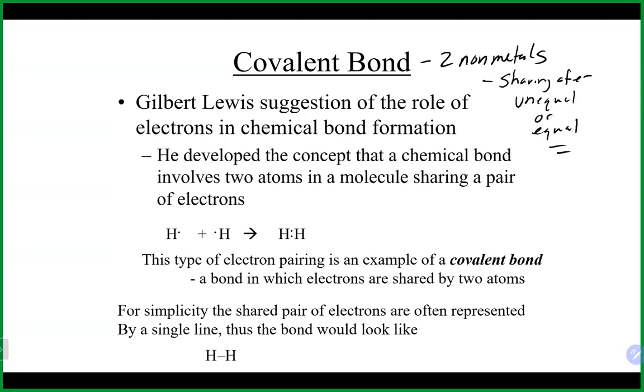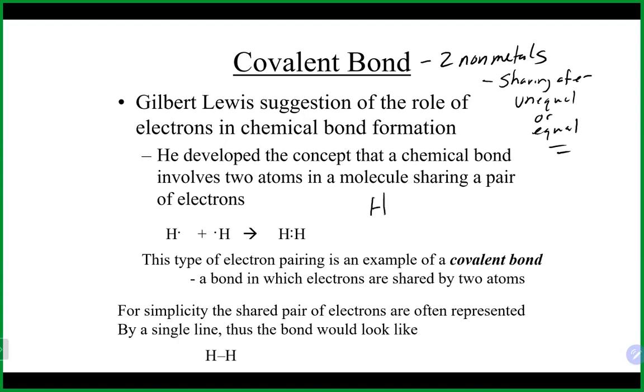So Gilbert Lewis, hence the Lewis structure name, anticipated bonding in a covalent situation as really the sharing of electrons. In an ionic bond, it is the transfer of electrons that allows everybody to get to the noble gas configuration. In covalent bonding, it is that sharing of electrons that allows everybody to get to that noble gas configuration.